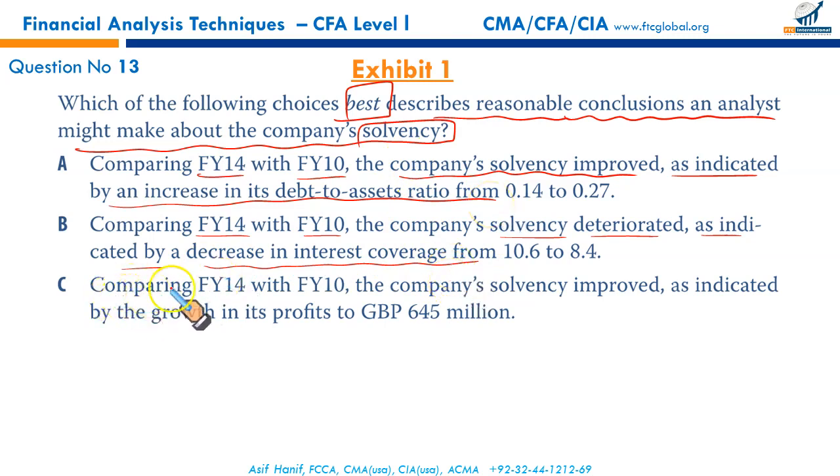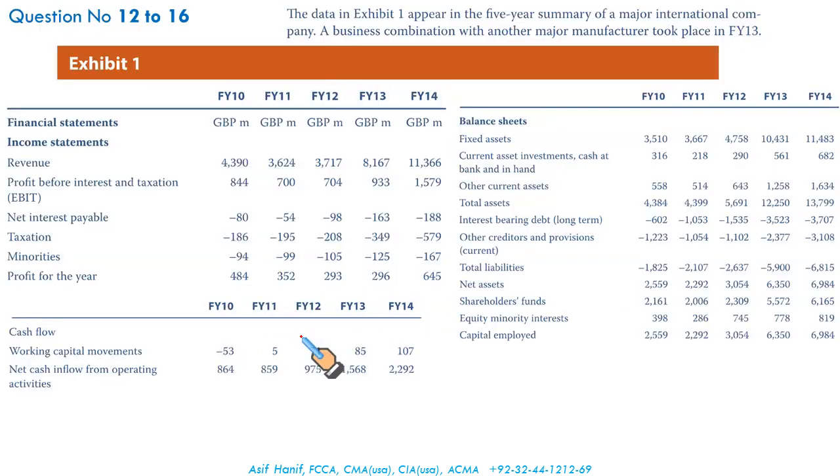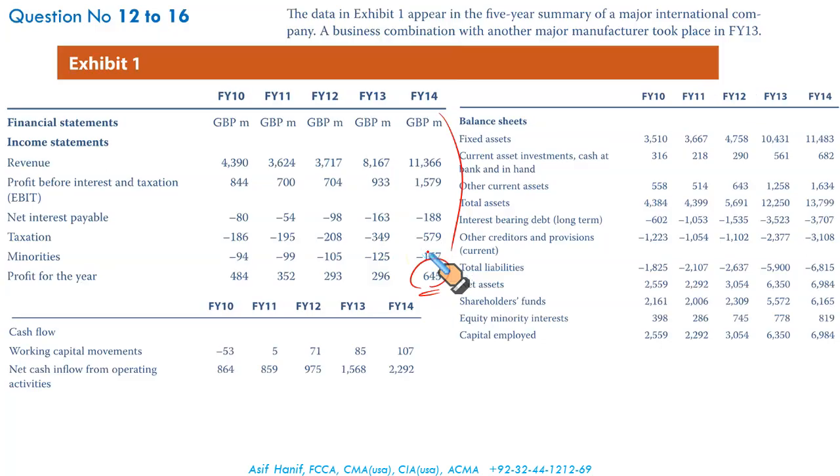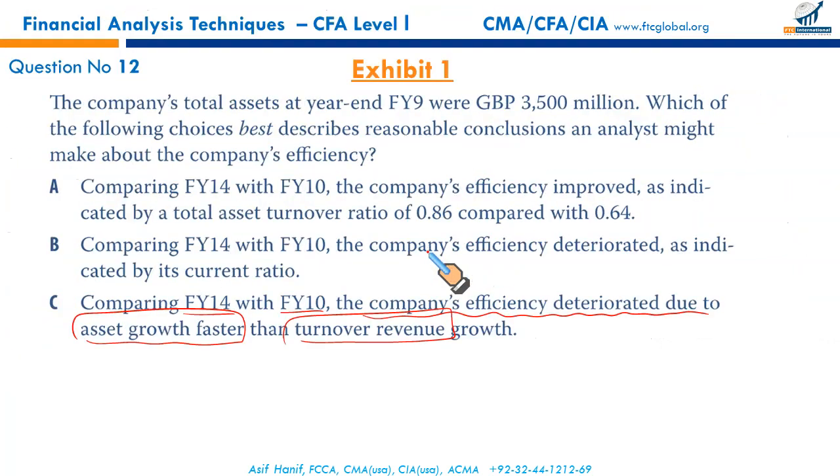Lastly, it says, comparing FY14 with FY10, the company's solvency improved as indicated by profit of 645 million. Look at this. This is 645 profit, yes, for the group consolidated income statement, but this is not the measure required by the question.